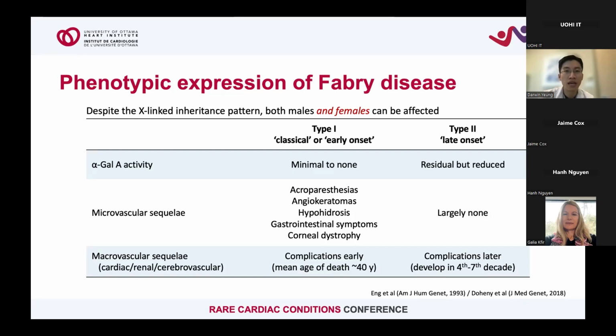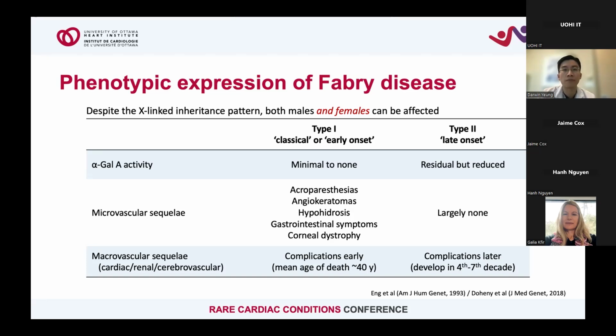The type 1 classical or early onset type is characterized by minimal to no alpha-galactosidase A activity. And this leads to early onset of microvascular sequelae in the form of acroparesthesias, which are these pain and tingling sensations in the distal extremities, the dermatologic lesions that we demonstrated earlier, these angiokeratomas, hypohidrosis, so abnormalities in sweating, nonspecific GI symptoms, and corneal abnormalities.